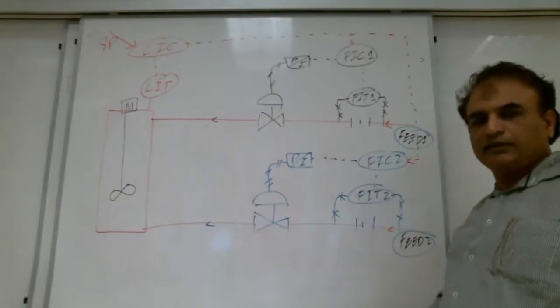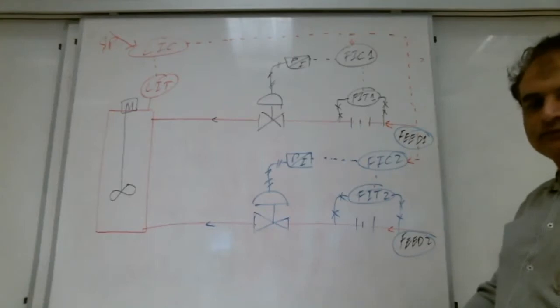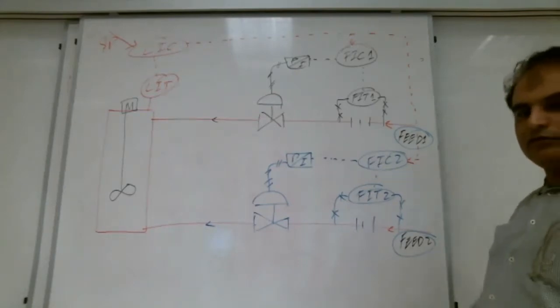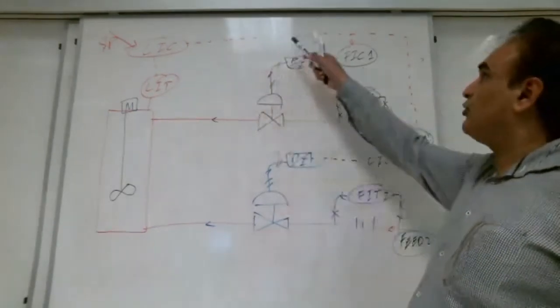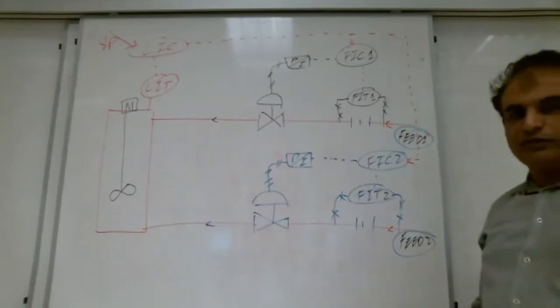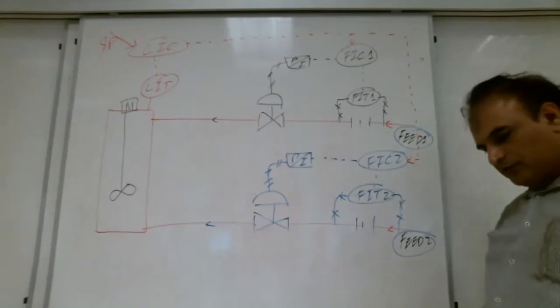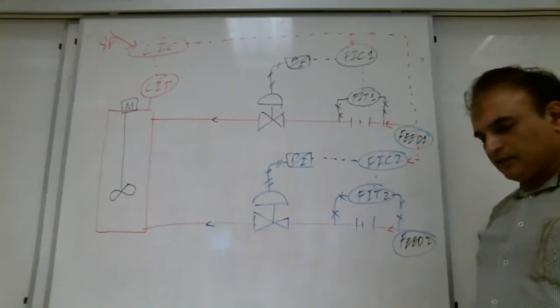Are they parallel or series? A lot of brothers are writing series, some brothers are writing parallel. Output of the level controller is going to both controllers at the same time. So it should be parallel or series. Brother Ali is writing parallel. So we have two secondary controllers in parallel.